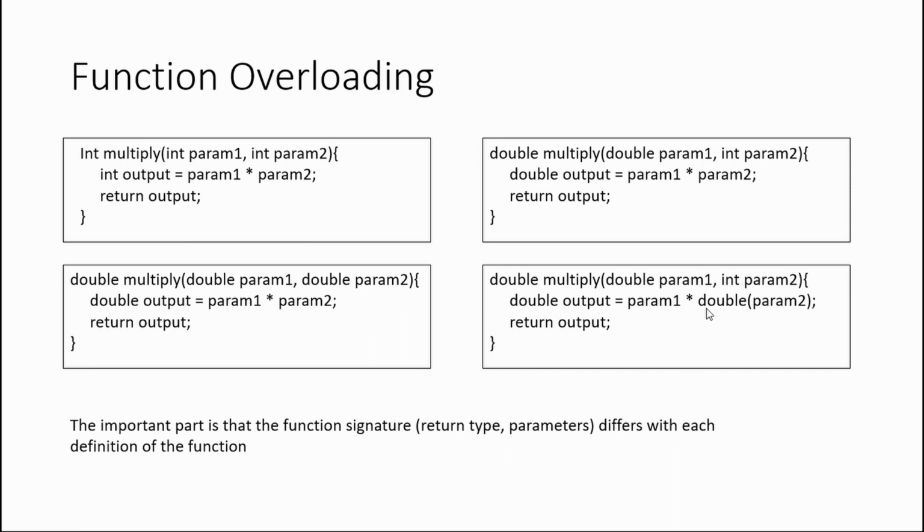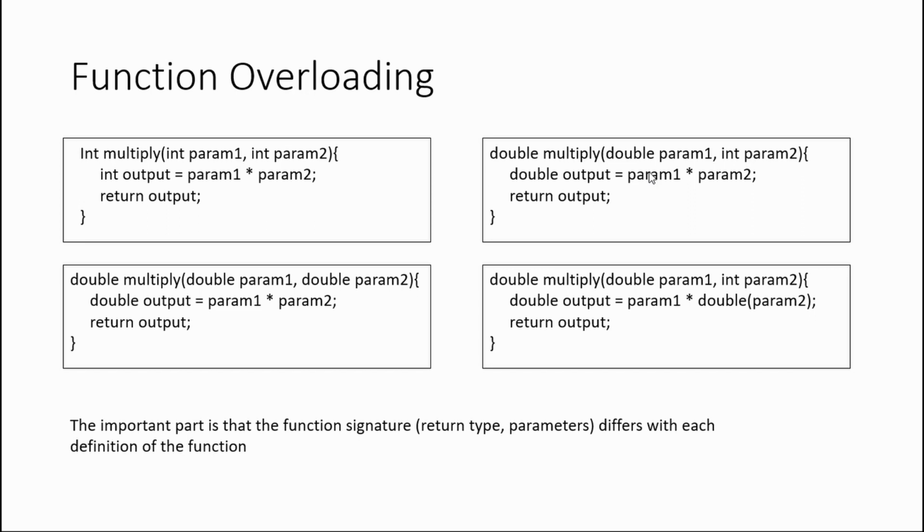Something else I want to quickly point out here. In this initial multiply function, one thing I didn't consider is that parameter 2 is an integer. And what happens when you operate on two data types that are different is the compiler is going to see this integer and it's going to downgrade this double to an integer as well.